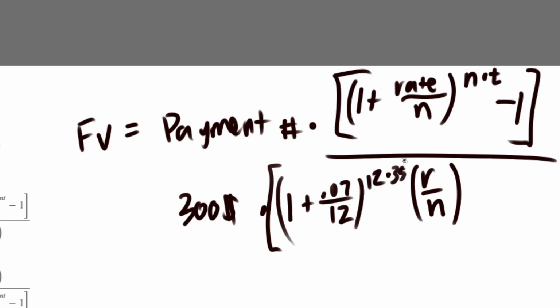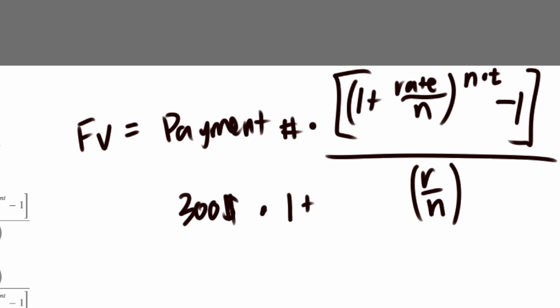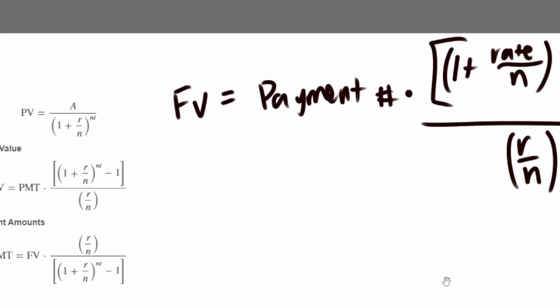That feels typical. Minus 1 divided by our rate, which was 0.7%, divided by our amount of times that we compound. Kind of a mouthful. That would let you know how much money you have if you deposit $300 into an account monthly for 35 years. And that's a typical formula that we use for trying to figure out how much you need to save for retirement.